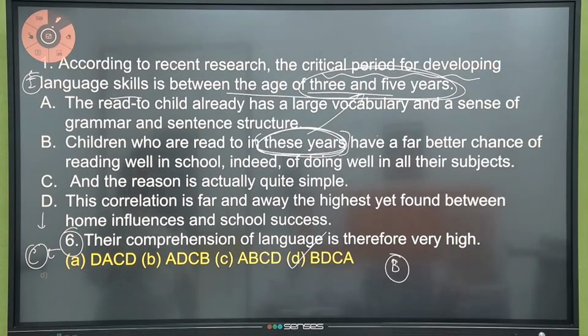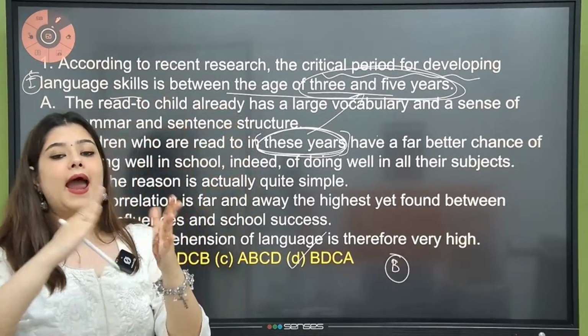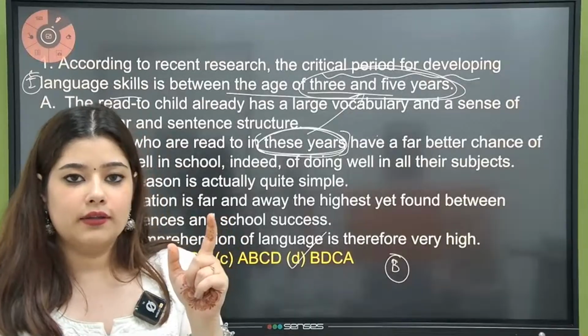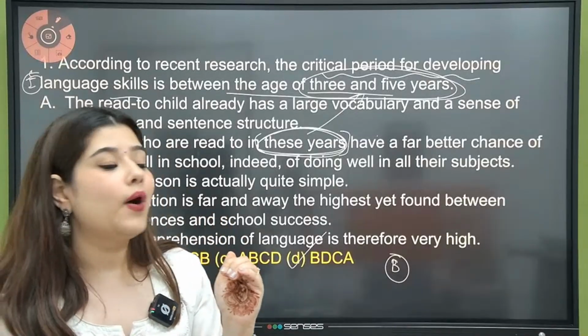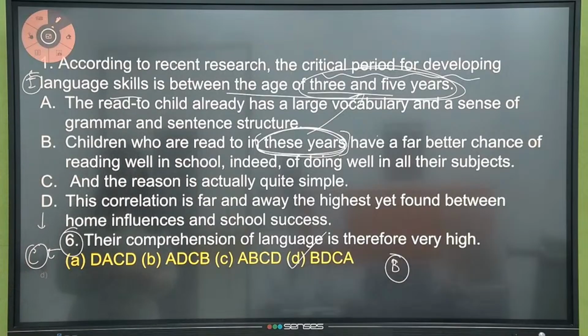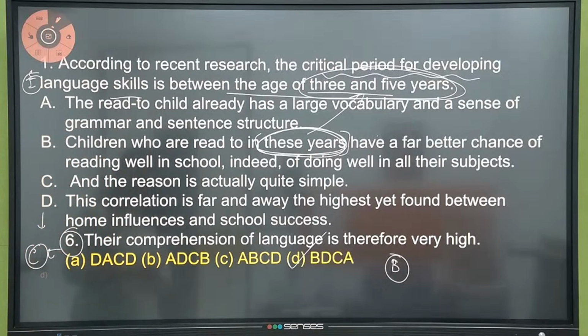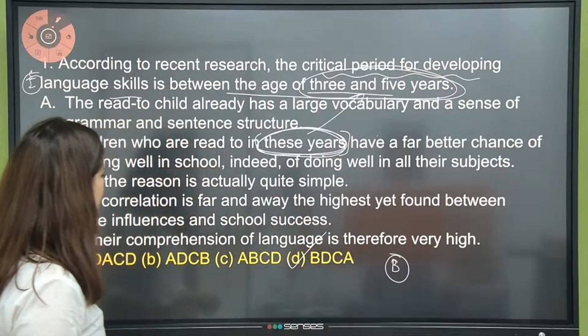This correlation is far and away the highest. What correlation? The correlation between the reading and which age that the children are being read to at. This correlation is far and away the highest yet found between home influences and school success. The read to child already has a large vocabulary and a sense of grammar and sentence structure, and their comprehension of language is therefore very high.